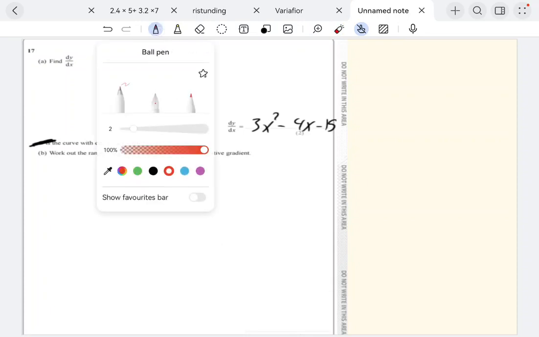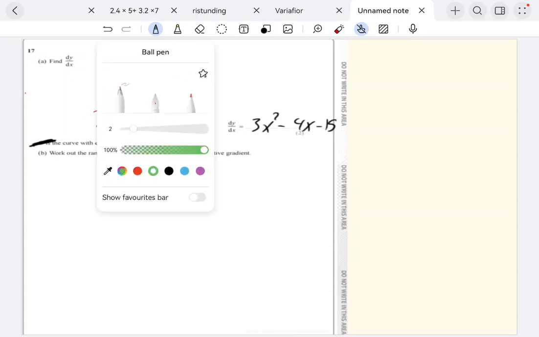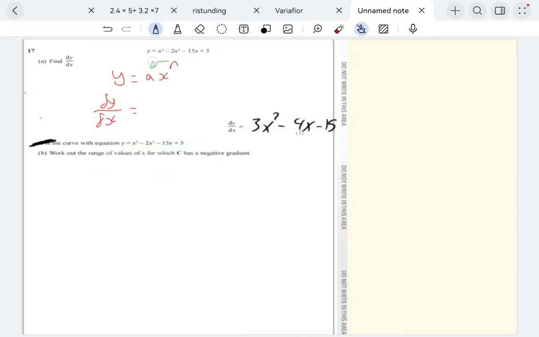For those who don't remember, what we do is, for example, if y equals a x power n, so when you do dy over dx, you drop the power and multiply by a, so it will be a n, and then x power n minus 1. You subtract 1 from the power.